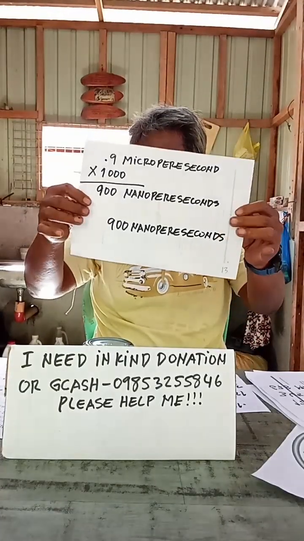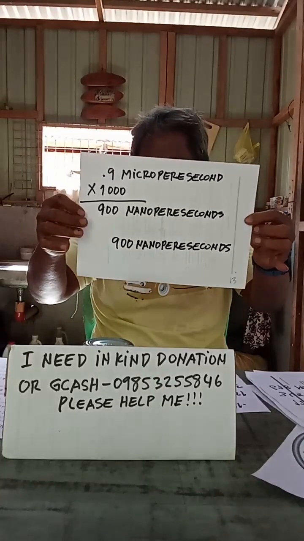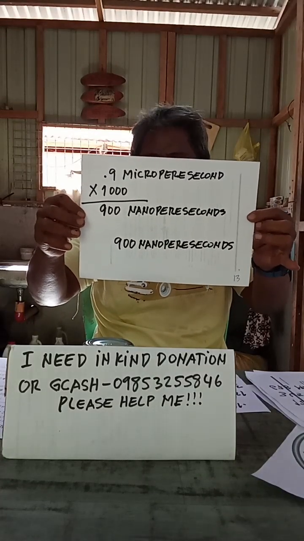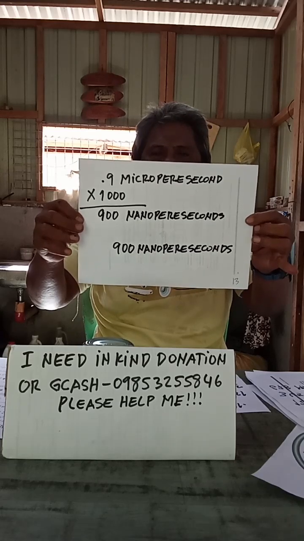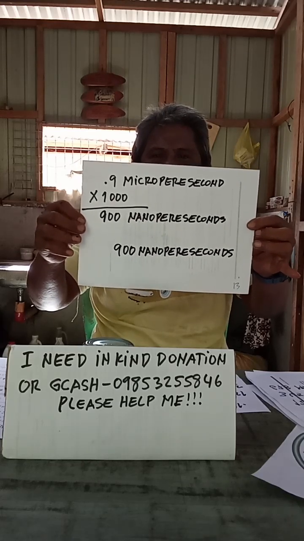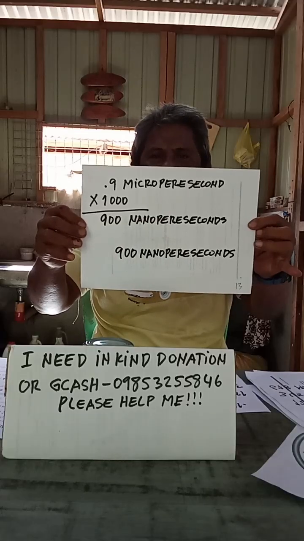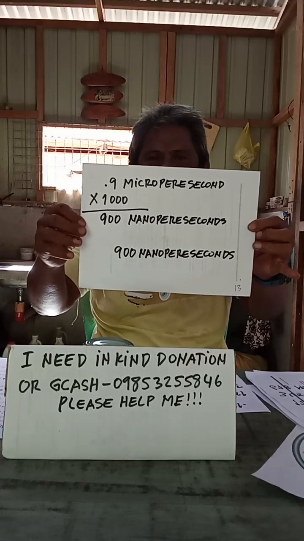Okay, the last one. The next smaller unit of time than micro per second is nano per second. And 1 micro per second is 1,000 nano per seconds.